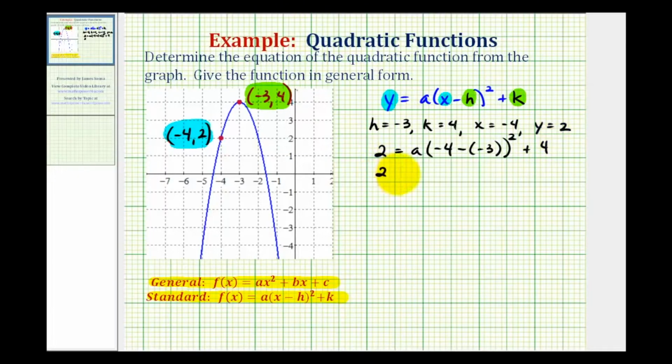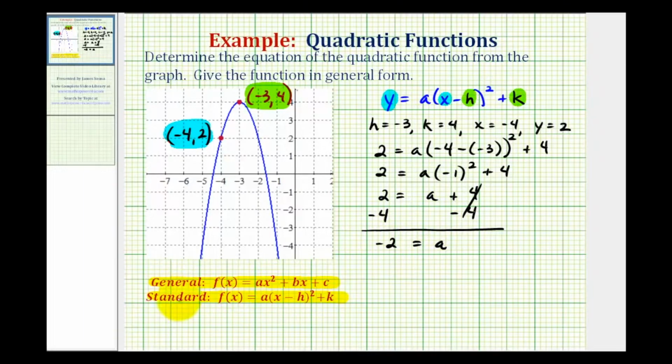We'll have 2 equals a times, this is going to be -4 plus 3, or -1 squared plus 4. So we'll have 2 equals, -1 squared is just 1, so 1 times a is a plus 4. We subtract 4 on both sides of the equation. This is 0, so we have -2 equals a.